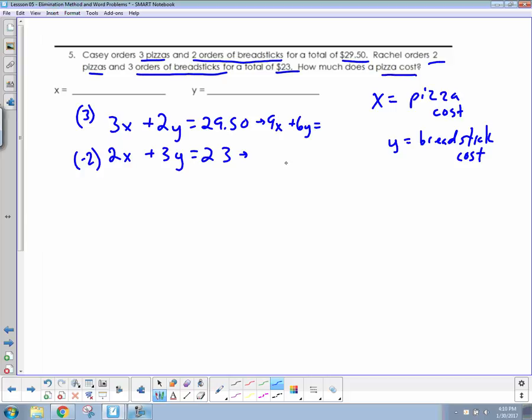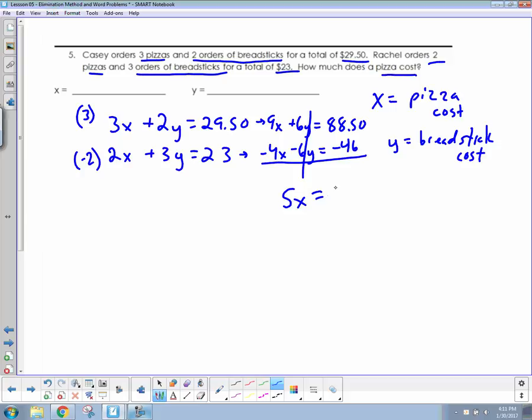And we get 88.50. Boom. Negative 4x, negative 6y. We talked about that canceling. Negative 2 times 23, negative 46. The y's cancel. That's 5x equals, I need my calculator for this, 88.50 minus 46, 42.50.